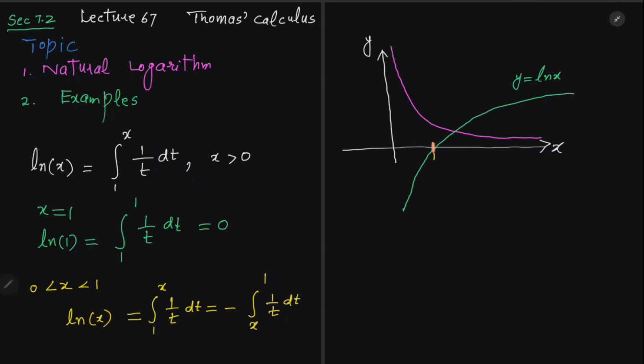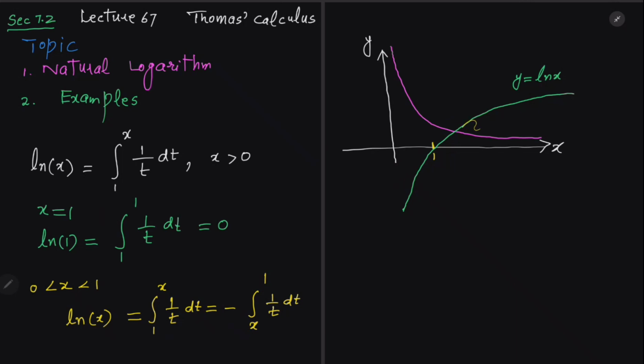So we have x equal to 1 over here. When we take the values of x from 0 to 1, the area is negative, since this quantity is positive and it is multiplied with a negative. It means that the natural log of x is going towards the negative y-axis. That's why the area is negative.